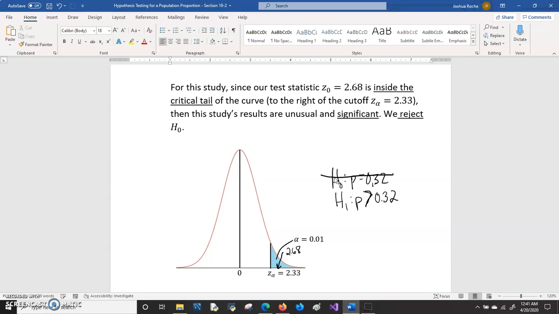In other words, we are ruling out the null hypothesis, and because that's ruled out, by default that gives support to the alternative hypothesis.